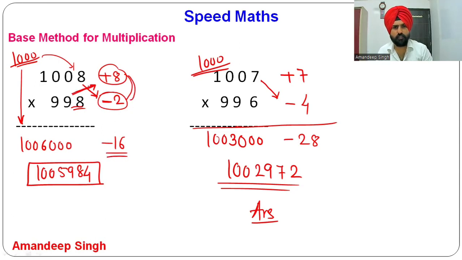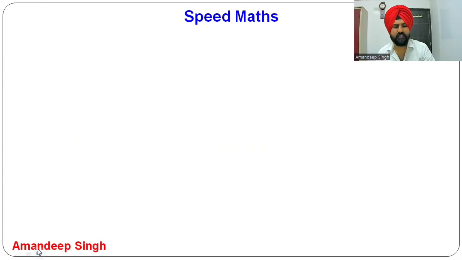And then 1008 minus 2 or 998 plus 8. This will always give me the same number, 1006. I multiply by the base and then simply subtract 16. I got 1005984. So this is the way to multiply two numbers using the base method, right?